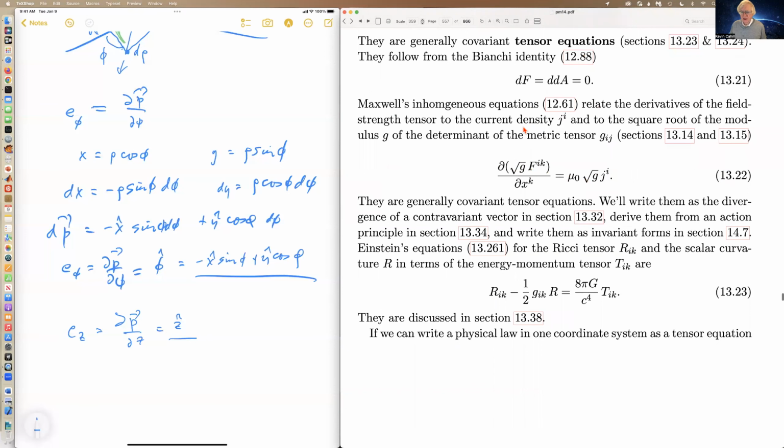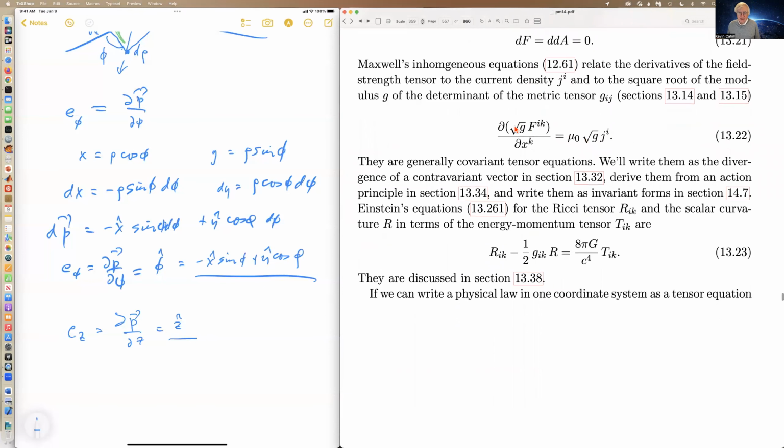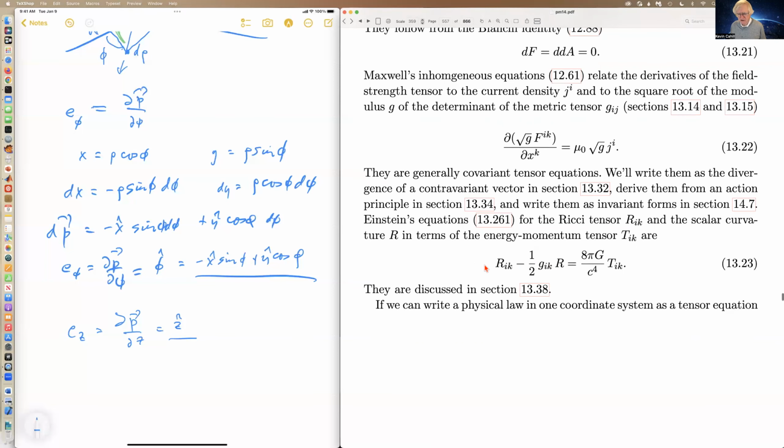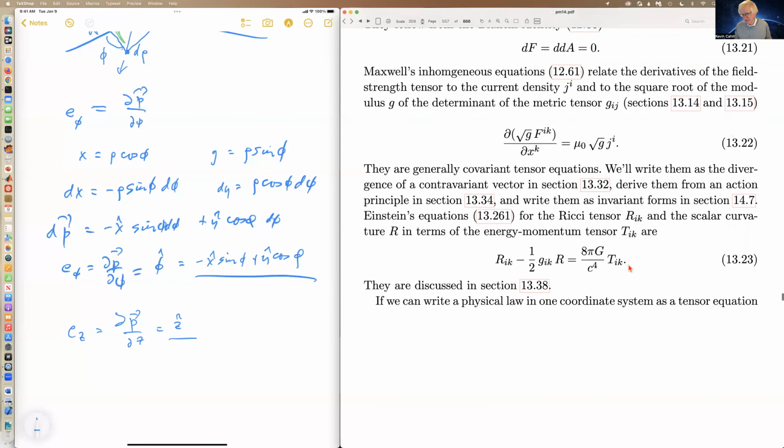These are Maxwell's equations in general covariant form, and Einstein's equations for gravity, we'll get to much later, several days, a week or two after Thanksgiving, maybe: R_ik minus a half g_ik R is Newton's constant times 8 pi over c to the 4th times the energy-momentum tensor of the matter fields.